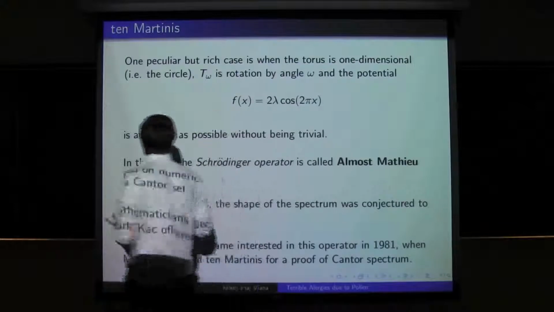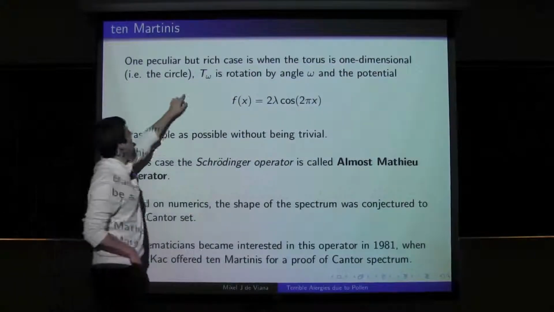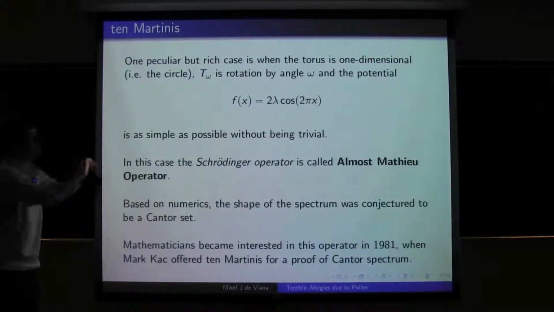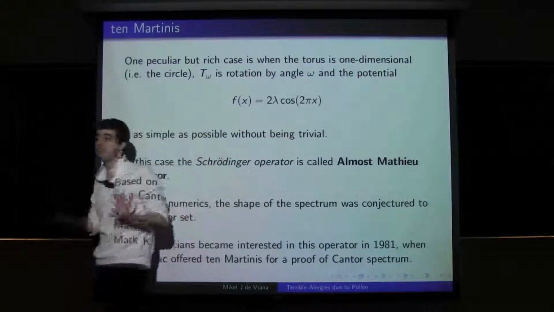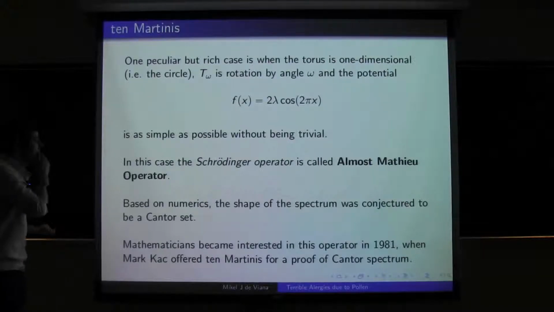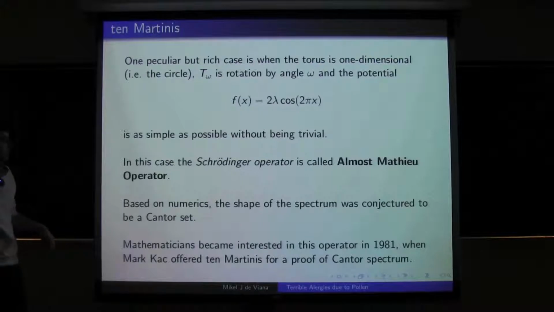A very particular case that is very important for mathematicians is the almost Mathieu operator. In that case, the torus is one-dimensional and the potential is as simple as possible without being trivial. You just put one Fourier mode, okay, and that's it. In that case, the Schrödinger operator is called the almost Mathieu operator.